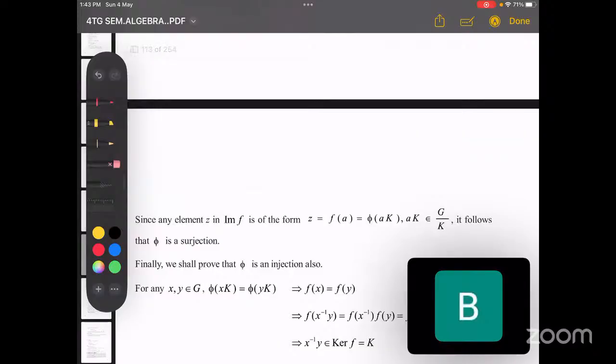Since any element z in the image of f is of the form, to prove that it is a surjection, that means an onto function, we take any element z in the image of f. It is in the form z equals f of a. So what is the function we have defined?